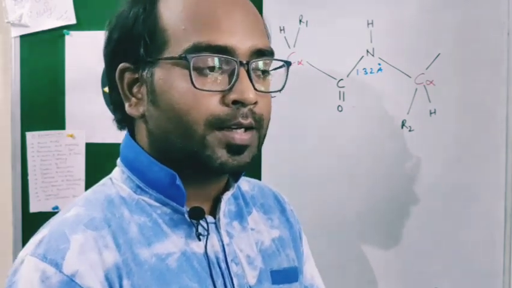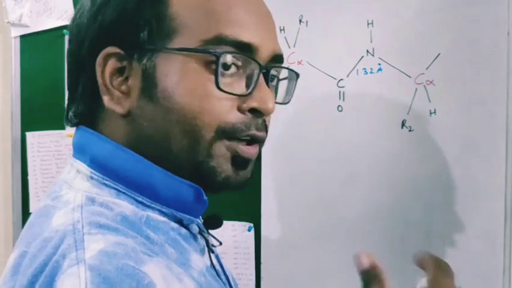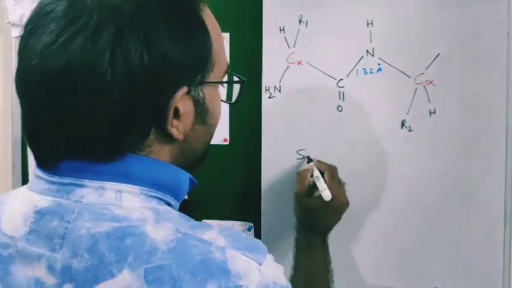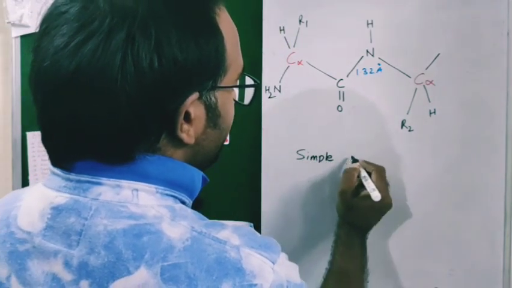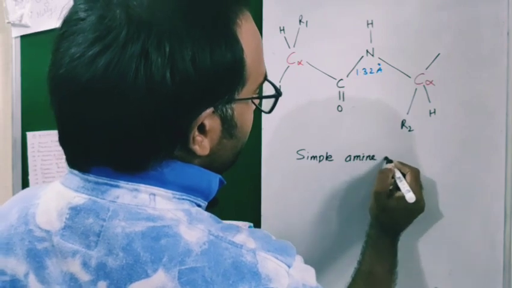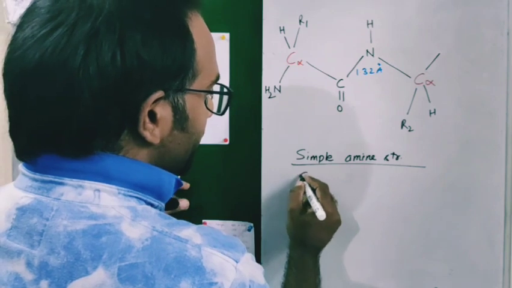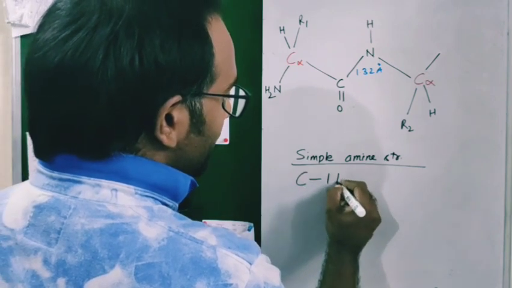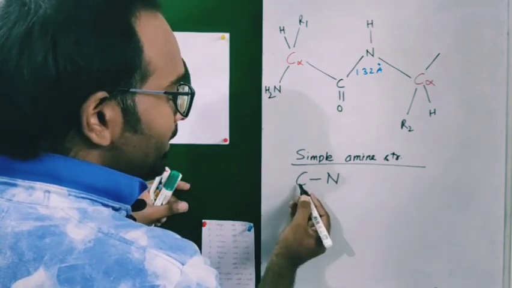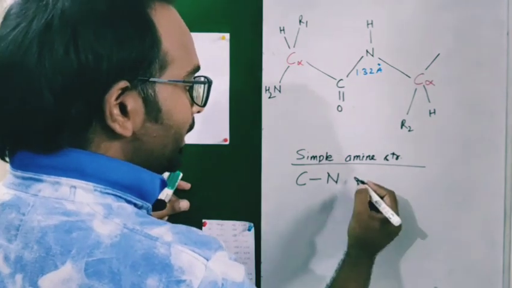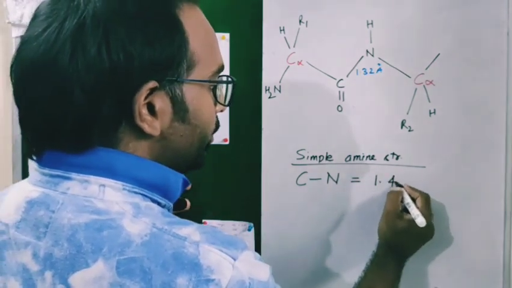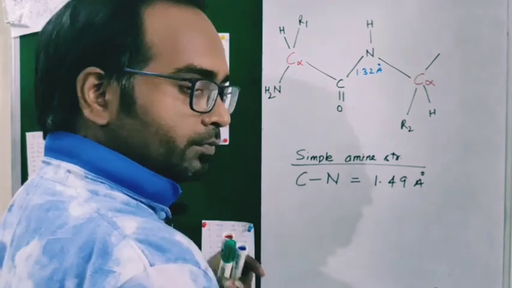If you go to the structure of a simple amine, I'm not talking about the amino acid structure, you go to the structure of a simple amine, there you will find that the length of the single bond between C and N in the simple amine is 1.49 angstrom, right?